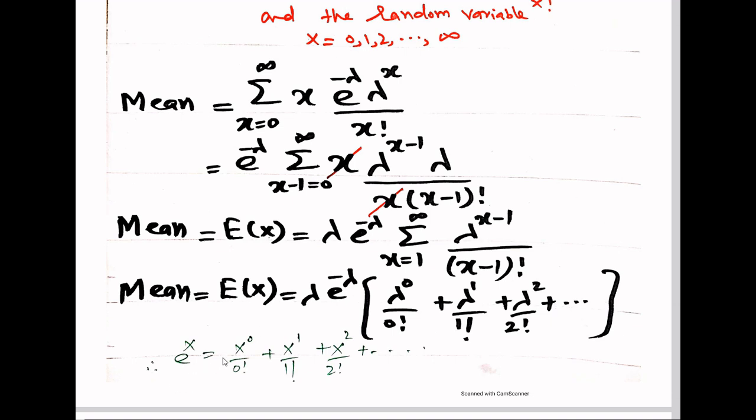Recall that e power x is equal to x power 0 over 0 factorial plus x power 1 over 1 factorial plus x square over 2 factorial plus so on. So in place of x we use lambda: lambda power 0 over 0 factorial plus lambda power 1 over 1 factorial plus lambda power 2 over 2 factorial plus so on.